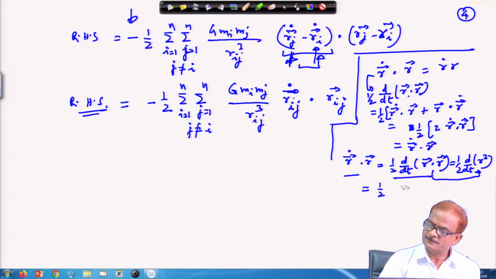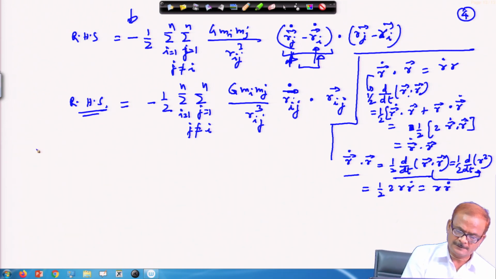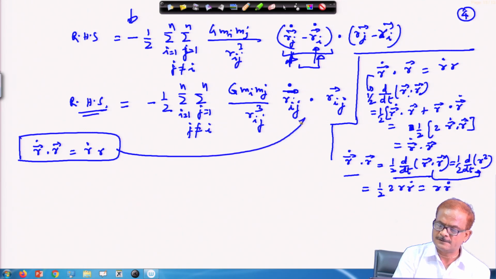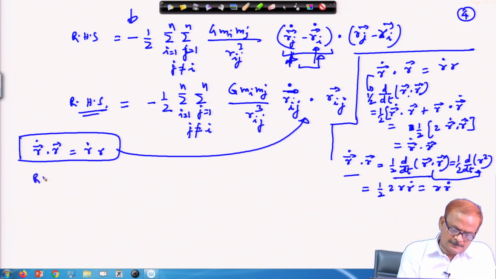So, 1 by 2, and once we differentiate it, this gives us 2 times r r dot. So, this is r r dot. Therefore, the quantity we have here is nothing but r dot r, and we utilize this information here.